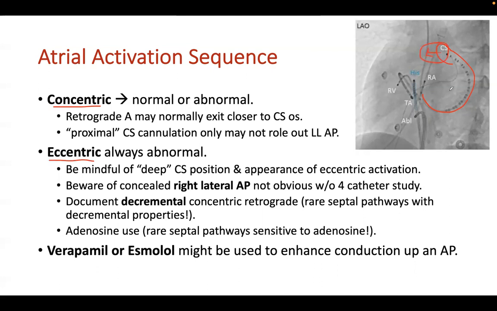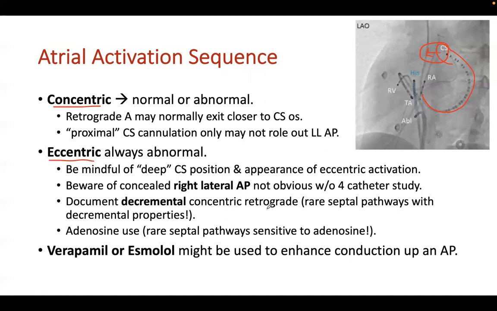You went all the way very deep. You might think there's a left lateral accessory pathway, but it's not the case. So you have to be mindful of how your CS is positioned. You might see an eccentric activation, but it might not be truly abnormal for that patient.